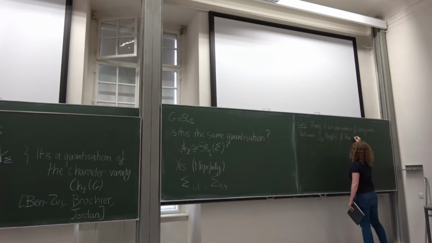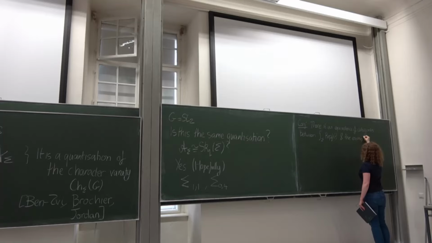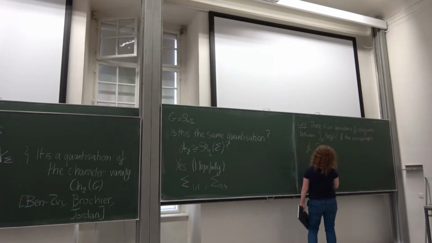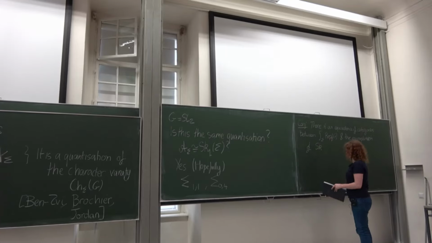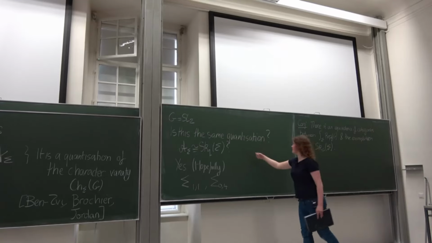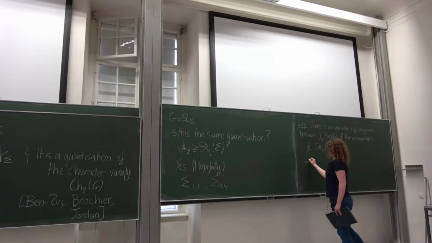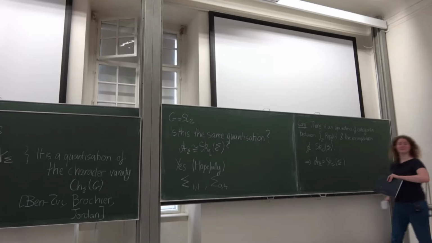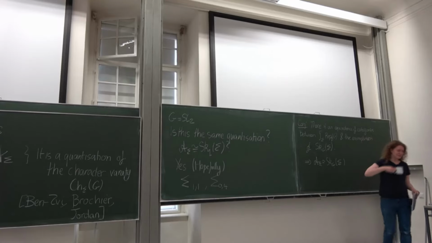By co-completion, I mean just stick in all of the co-limits. If this is true, this is automatic, and this implies that the result is true for all surfaces and all groups G. So this is essentially a test of this conjecture.